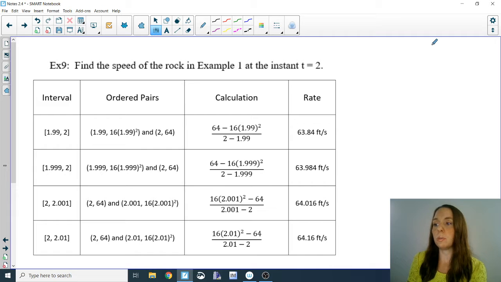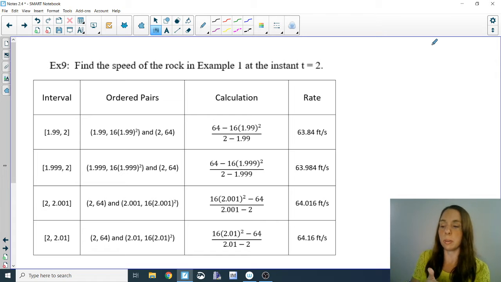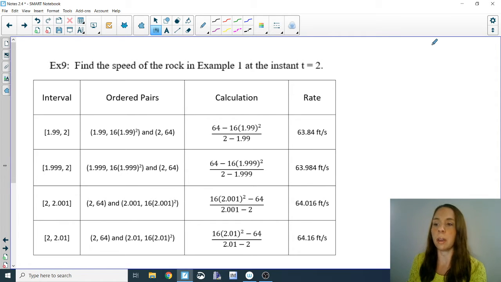We can't use the interval exactly from 2 to 2, so let's use something like 1.99 to 2, or 1.999 to 2, which would be even better. Or something with 2 at the left endpoint and a little bit later time, like 2.01, or 2.001, which would be even better. That'll give us an approximate rate of the instantaneous speed at t equals 2.